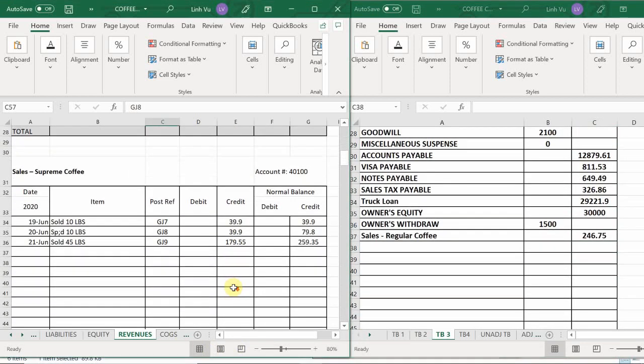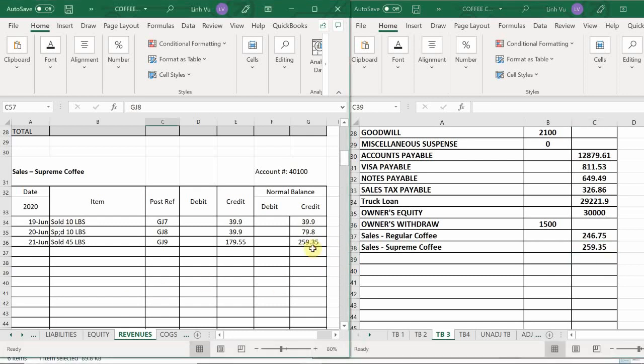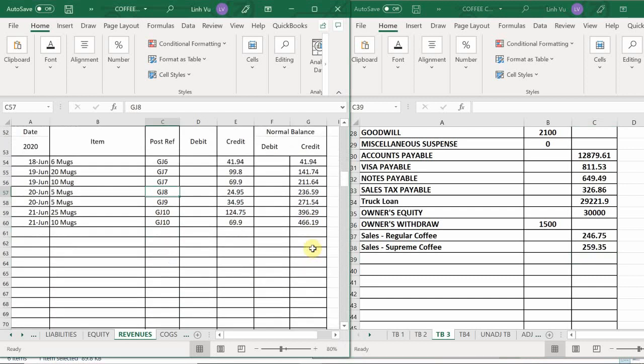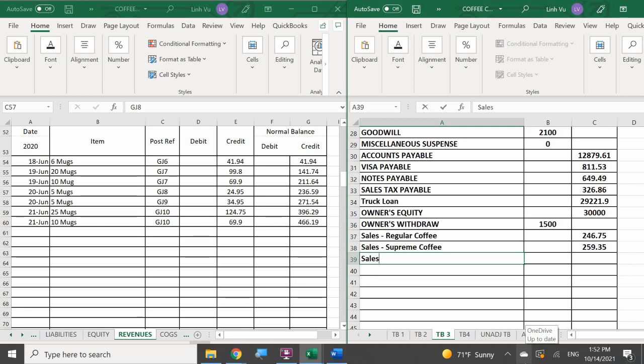Then we have sales Supreme coffee, $259.35. Okay, what about the ceramic coffee mugs? The ceramic coffee mugs, we have 466.90. Okay.